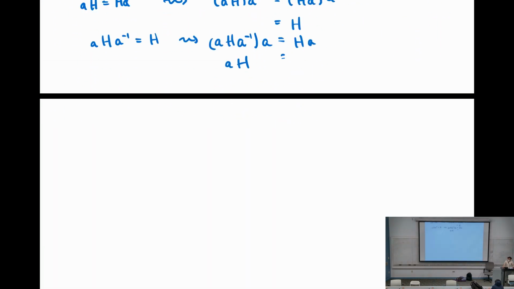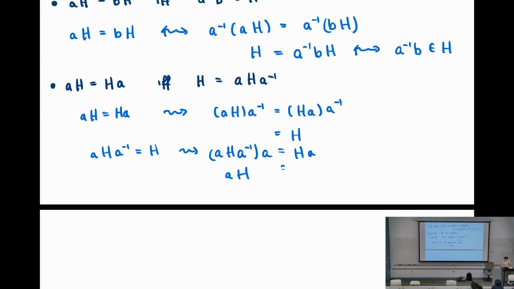So subgroups satisfying this: if for all a in G we have aH equal to Ha, then H is a special subgroup. And this will turn out to be the class of subgroups for which the cosets form groups.